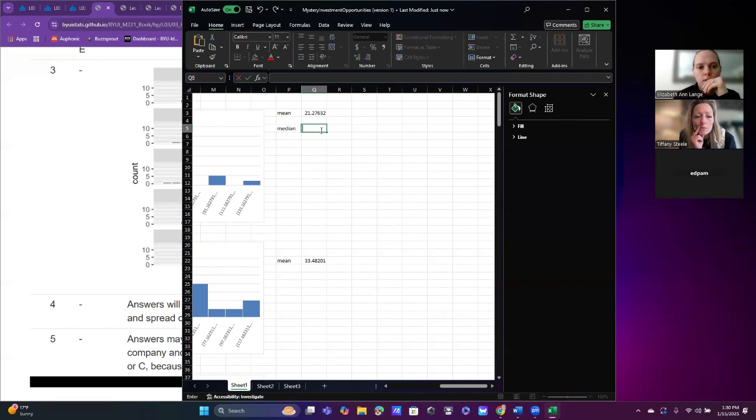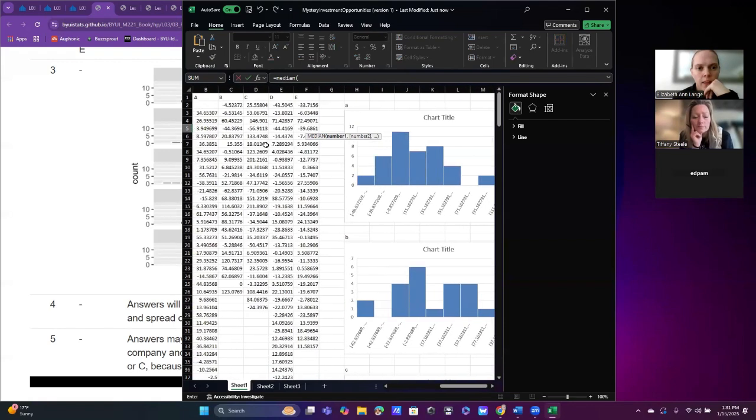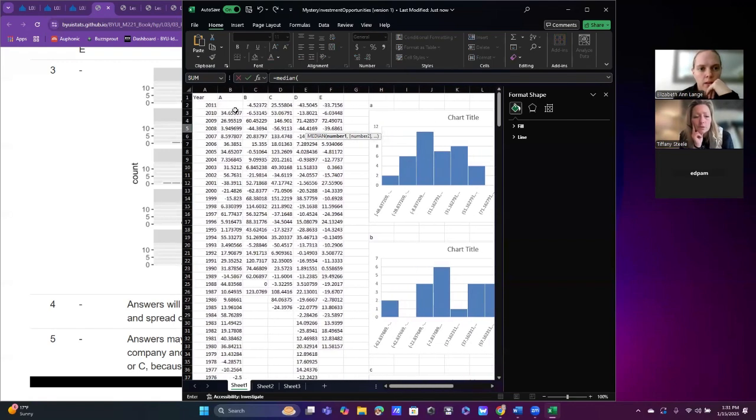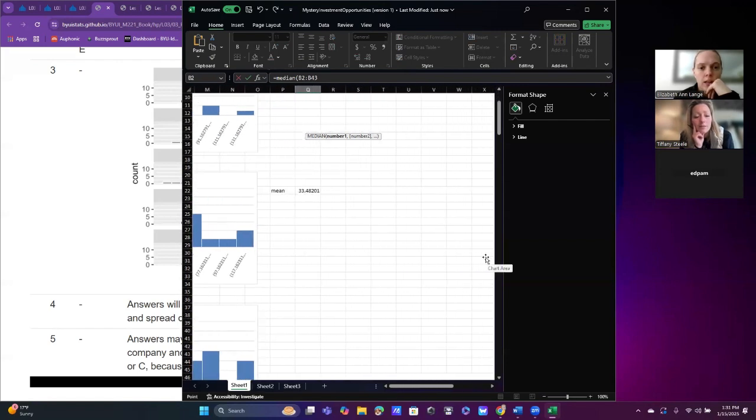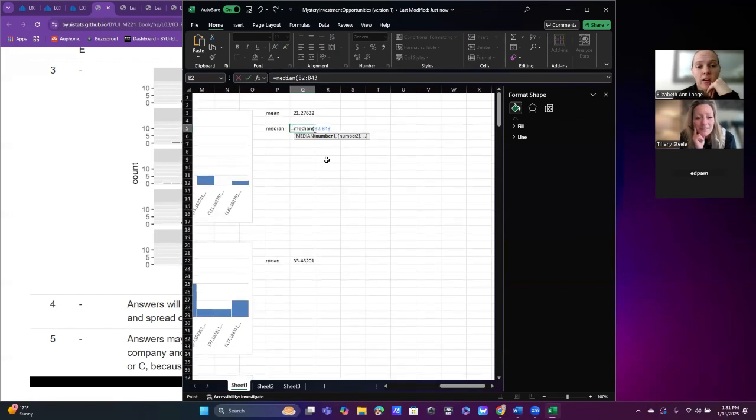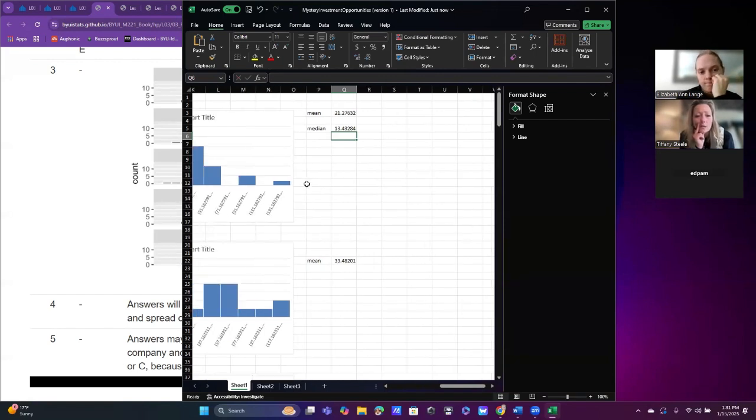I'm just gonna try that again. Median, and then the parenthesis. There we go. I think I had my parentheses the wrong way. Excel freaks out if you don't do it exactly right. Okay, the median.